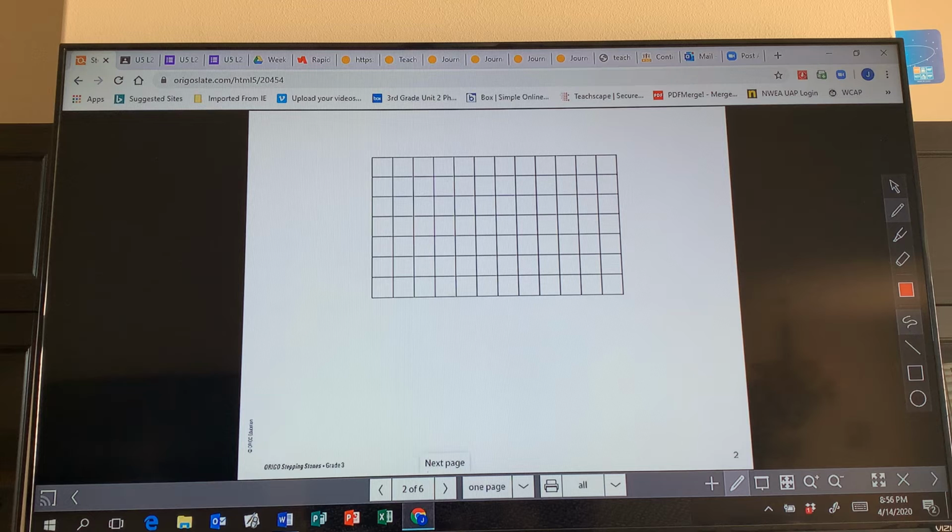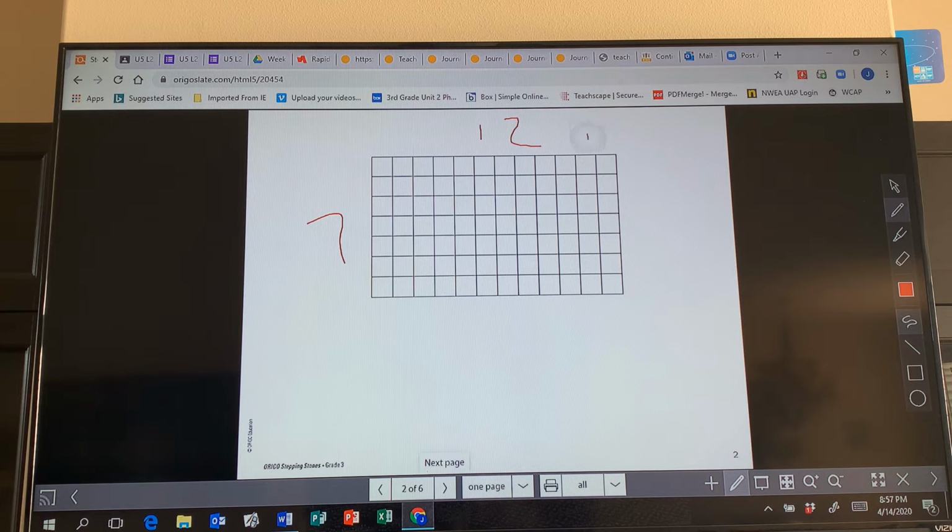So when I look here, I have an array, correct? And it has how many rows? 1, 2, 3, 4, 5, 6, 7. 7 rows. And how many in each row? 1, 2, 3, 4, 5, 6, 7, 8, 9, 10, 11, 12. 12 in each row. Now, if I would like to break this problem into an easier problem, can I divide it and do partial products? You bet I can.